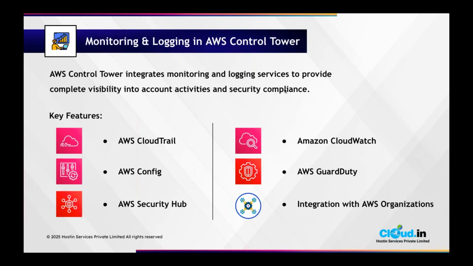Say someone modifies a security group, or accidentally turns off encryption, then Config flags it, and you can even set up rules like all S3 buckets must have encryption enabled, and AWS Config will notify you if something violates that. For example, if someone disables encryption on an RDS instance, then AWS Config will flag it and notify you.